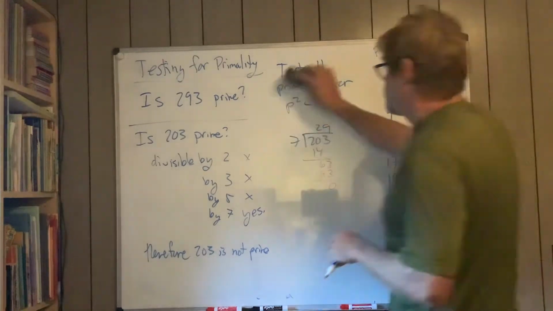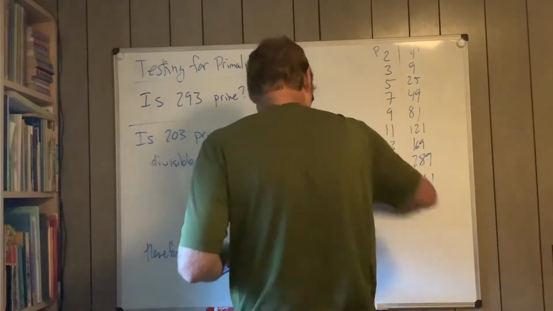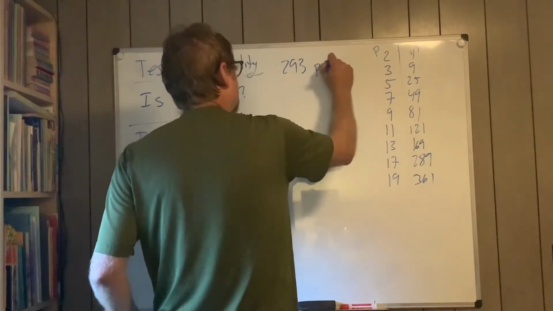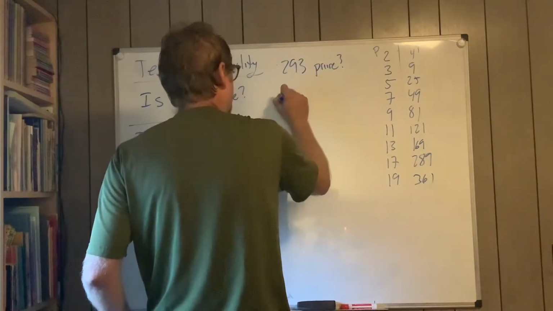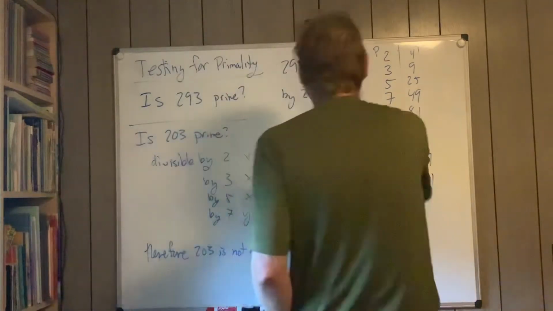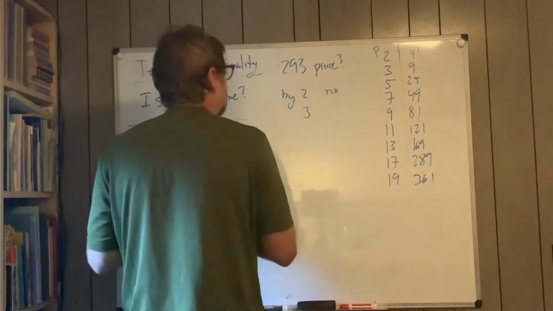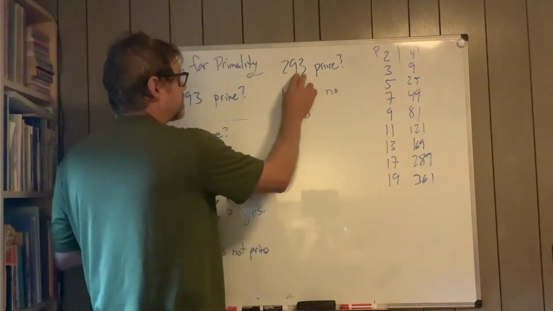Okay, well, now let's go back to 293. So is 293 prime? Okay. So is it divisible by 2? And the answer is no. By 3, I'm going to add digits.